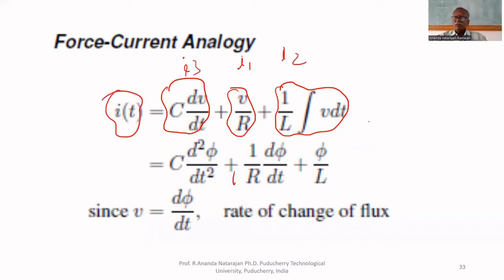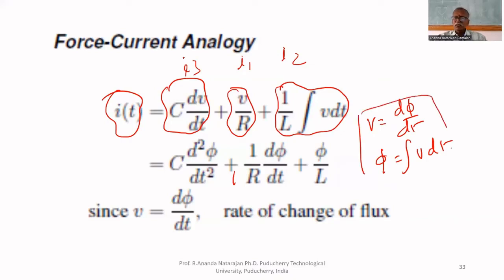But we know that V equals the rate of change of flux, d phi by dt, or phi equals integral of V dt. If we bring this dt to this side and integrate on both sides, we will get phi equal to integral of V dt. This you should remember. Therefore, we can write V equal to d phi by dt. Therefore, dV by dt equals d square phi by dt square. So C d square phi by dt square.